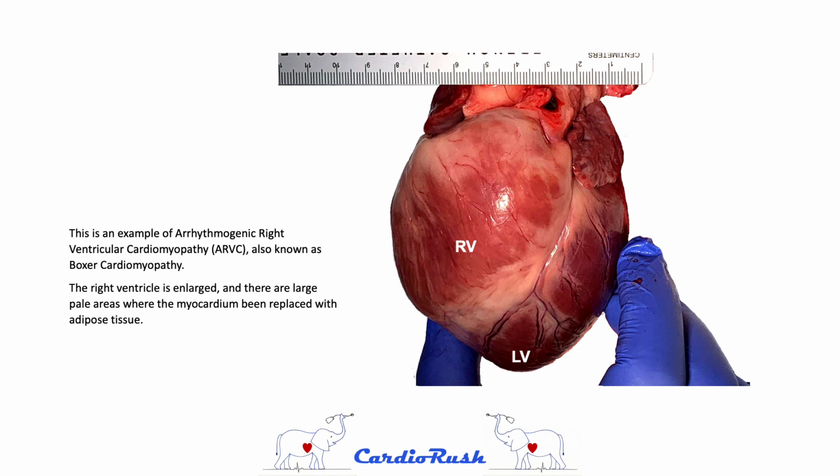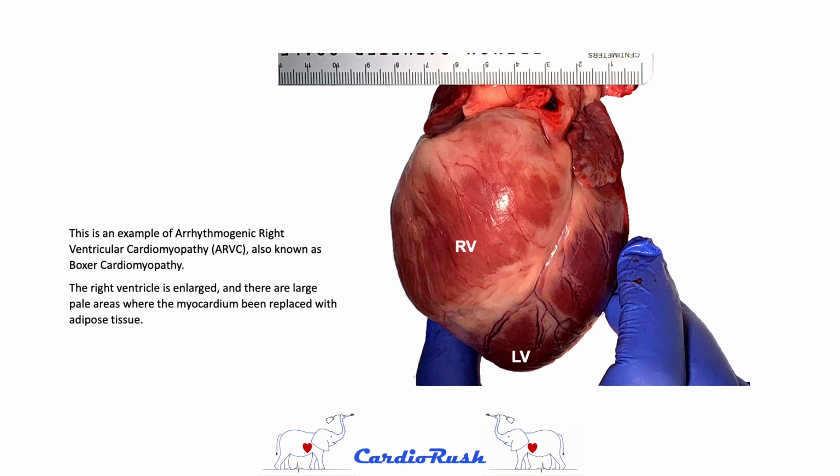This is an example of arrhythmogenic right ventricular cardiomyopathy, which when it occurs in boxer dogs is also called boxer cardiomyopathy. ARVC can also occur in bulldogs, some other canine breeds, as well as in cats and in humans.